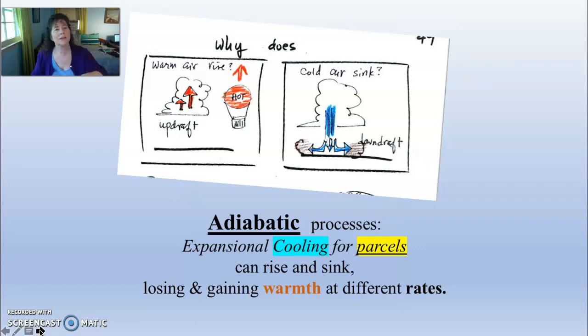So while you can look at the sounding and see expansional cooling in the red line, you can also look at the sounding, we'll get to it soon, and look at the adiabatic cooling of the parcel alone. So adiabatic processes talk about the expansional cooling and the compressional warming of parcels alone, and the fact that those rates of cooling and warming can happen at different rates. We'll go into all the specifics about it.